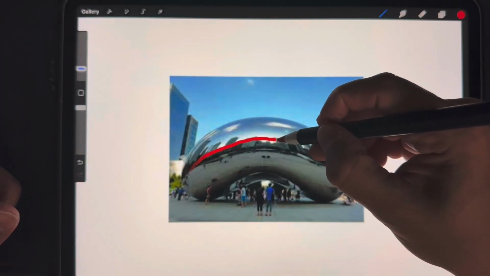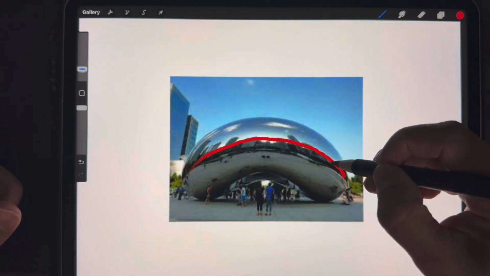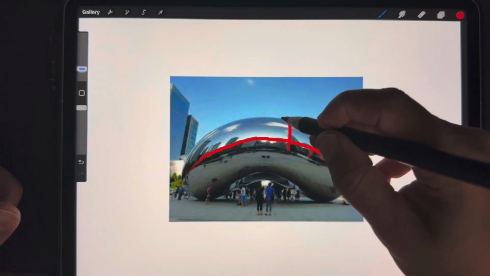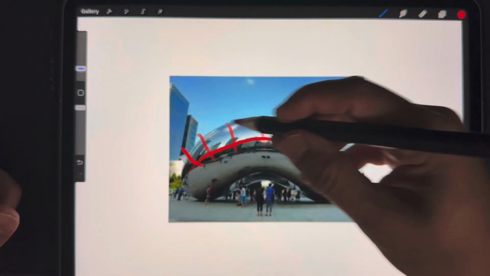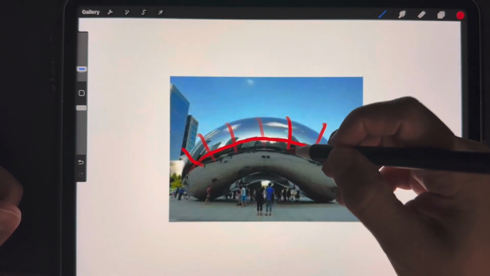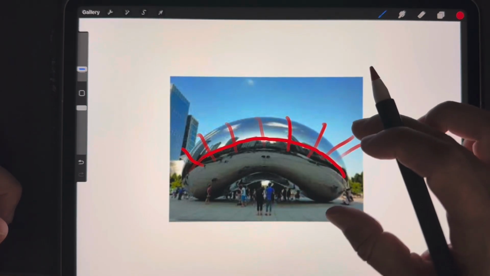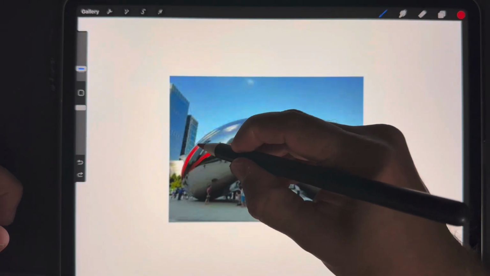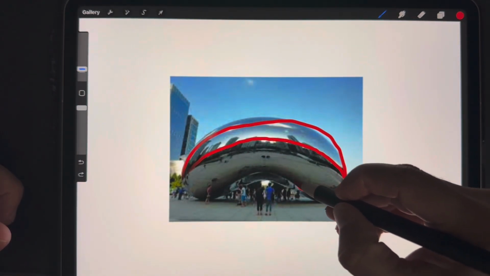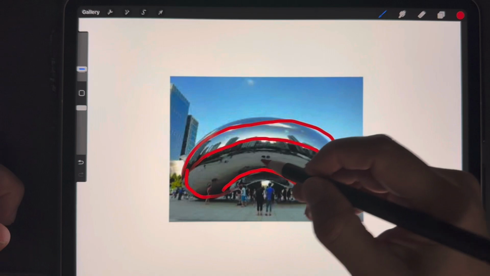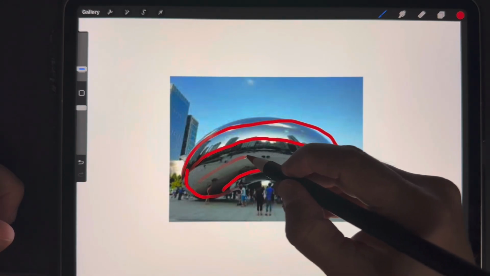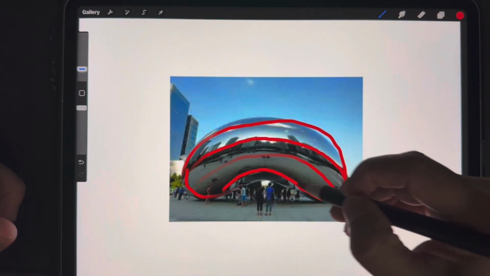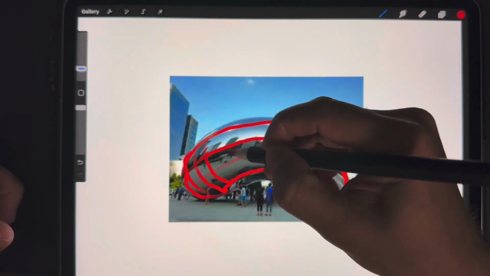Right here, we see that they're reflecting everything that we cannot see in the photo, right? It's what's behind the person taking the photo. And so it's always important to basically think of the reflective object in these terms, that form.